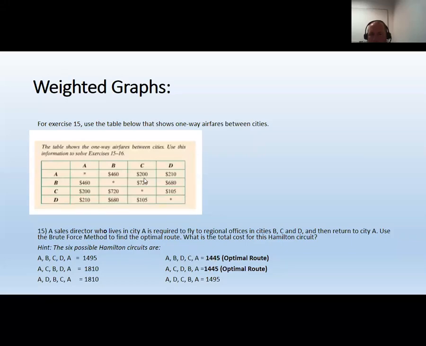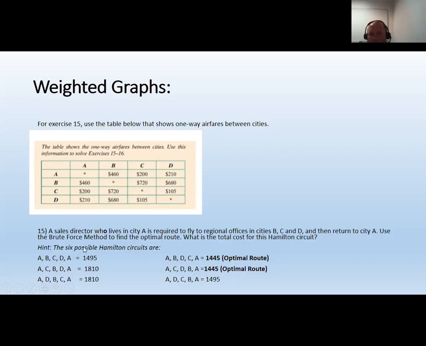In this case, the value represents the total airfare. For instance, A to B is 460, and then B to C is 720, and I've already got all these listed for you, but that's what you're doing here. You're going from A to B, listing the number, B to C, listing the number, C to D, listing the number, and then D back to A, listing the number.